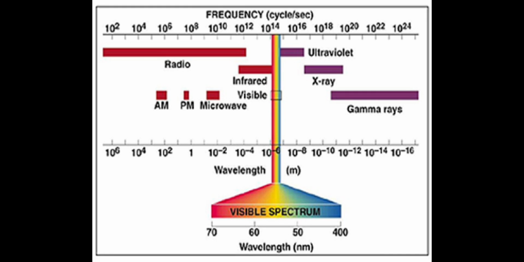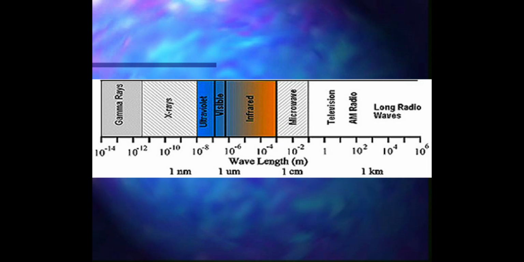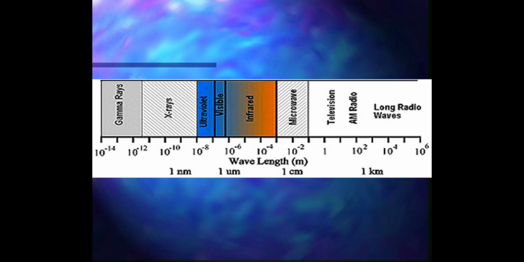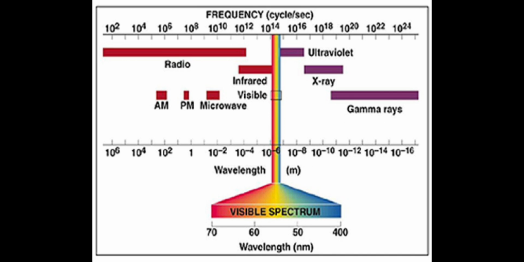We can see in this chart the frequency in cycles per second. According to the rays, if we see 10 raised to 10, that means the gamma rays region is not there, but very long wavelength is there. The wavelength of 10 raised to minus 6 means visible rays.